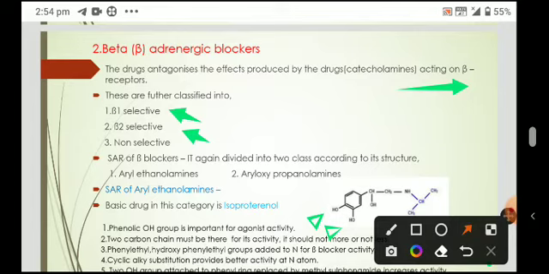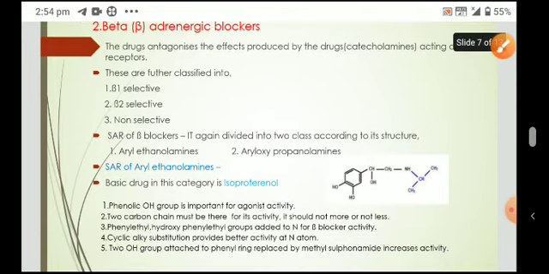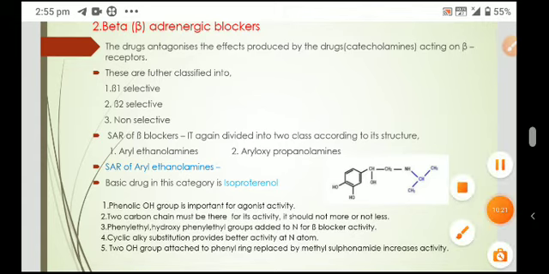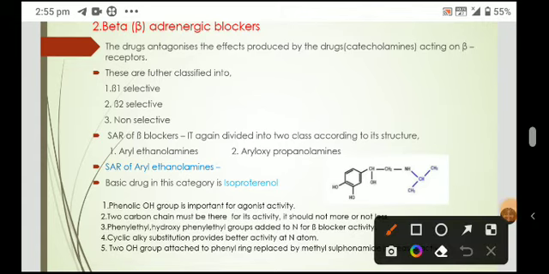Next one is what? The two carbon chain must be there for their activity. It should not be more than 2 or less than 2. So see, the two carbons here, these two carbons are not more than 2 or less than 2 in order to have its antagonistic activity.